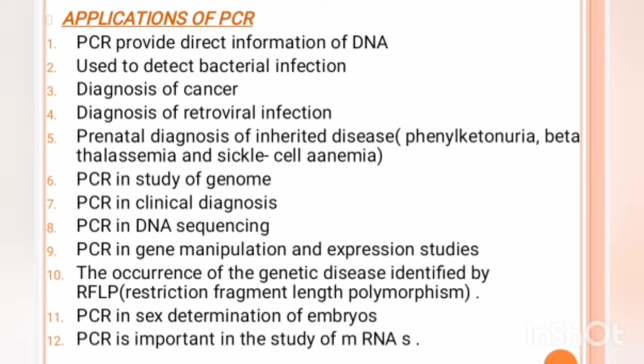We can move to the applications of the PCR. PCR have several applications in various fields. The applications of PCR are too many to be listed here. Some of them are given here.